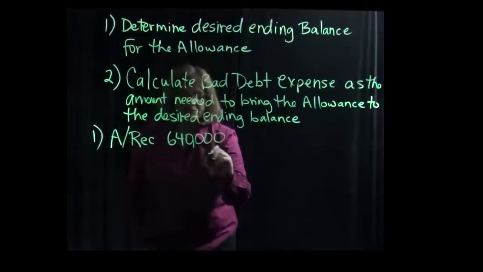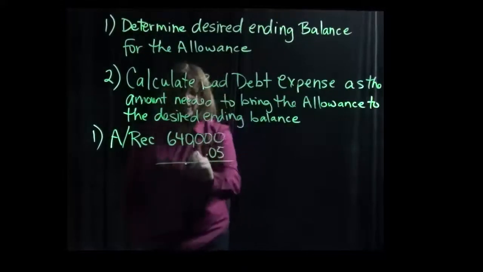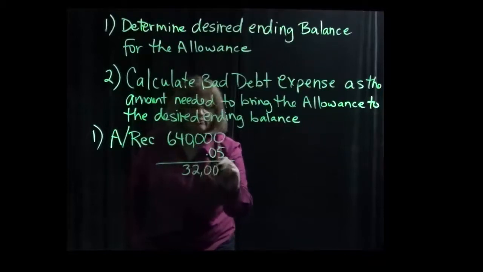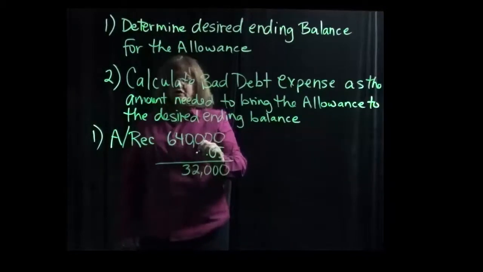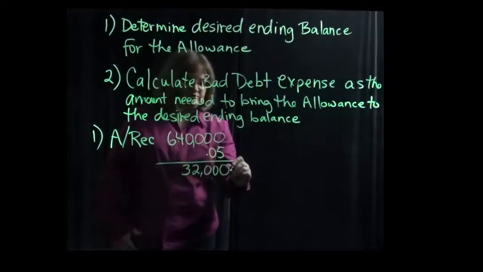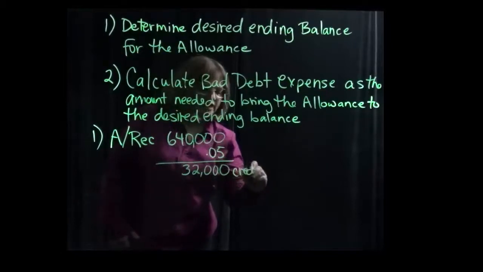And we're told that 5% of that, or 0.05, is expected to be uncollectible. And if we multiply 640,000 by 0.05, that gives us $32,000. So we want the allowance account to end up being $32,000 on the credit side.